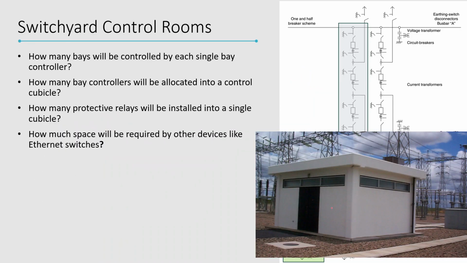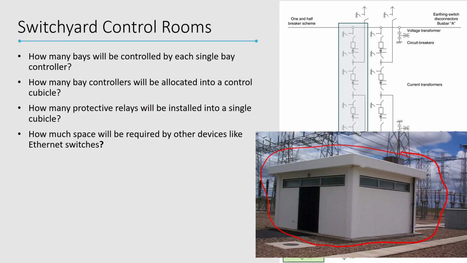And it looks something like this, a very small room with the adequate devices to control and monitor the bay level equipment. So how many bays will be controlled by each single bay controller? How many bay controllers will be allocated to a control cubicle? How many protective relays will be installed in a single cubicle?